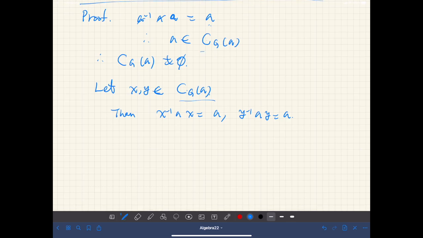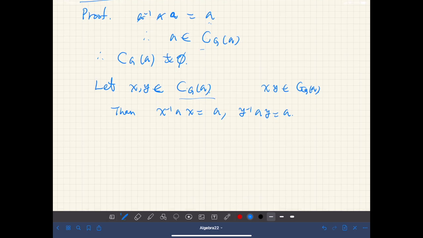What we want to show is that xy belongs to C_G(A). So to show this, we need to show (xy) inverse A xy is equal to A.